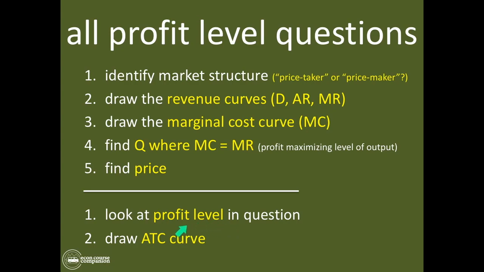Oh, you're looking for a loss? Oh, that's cool. I can draw that. I just add my ATC curve, average total cost curve, and the average cost curve, the AC curve, they're one and the same. They're the same thing. If you're confused about that, be confused no more. Average cost curve, AC curve, ATC curve, average total cost curve, same thing. Then you just draw the curve.